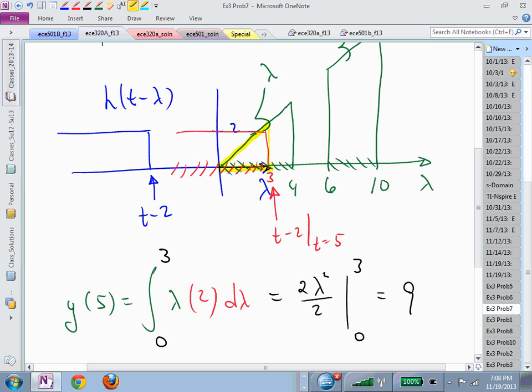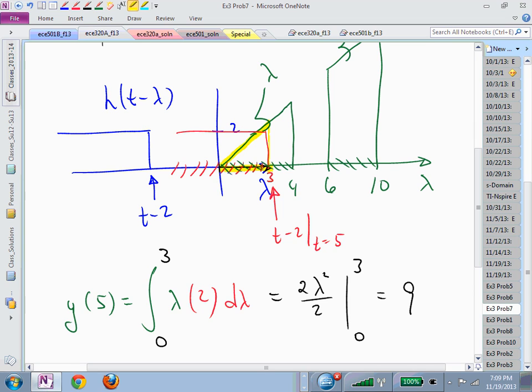So I have a base of 3 and a height of 3. I have 9 divided by 2, 1/2 base times height. And I need to scale it everywhere by h, which is 2. So I have 9 over 2 times 2, 9. Same answer. I didn't have to integrate. I just solved it geometrically, if you wanted to.